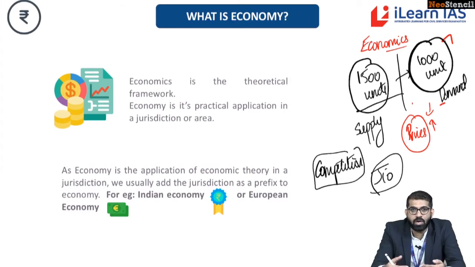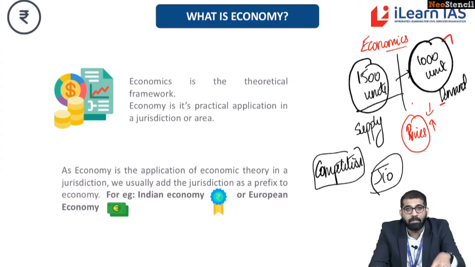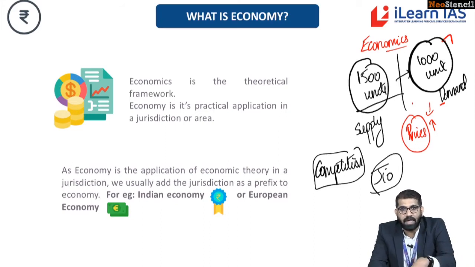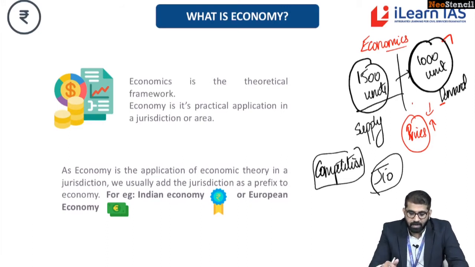It is used to denote that we are referring to the application of the economic framework in this particular jurisdiction. So the application of the theoretical framework of economics in the Indian state, we call it the Indian economy. Is it clear? So that is the difference between economy and economics.